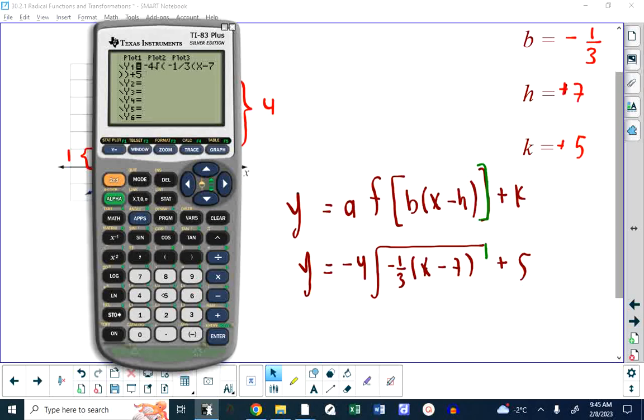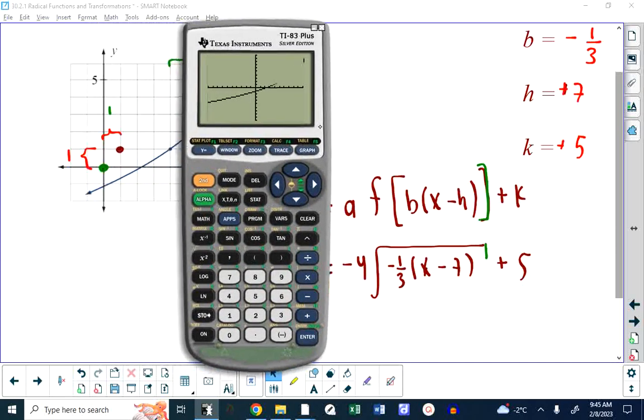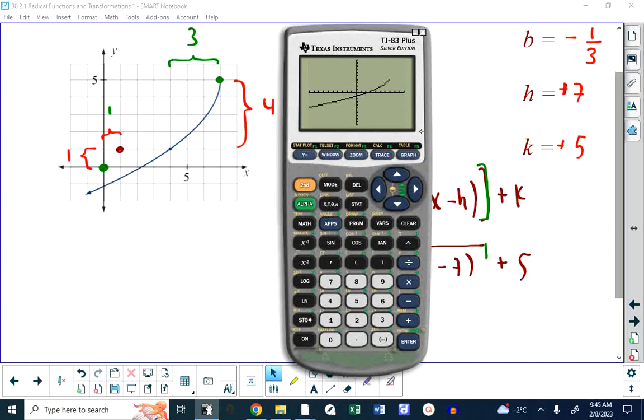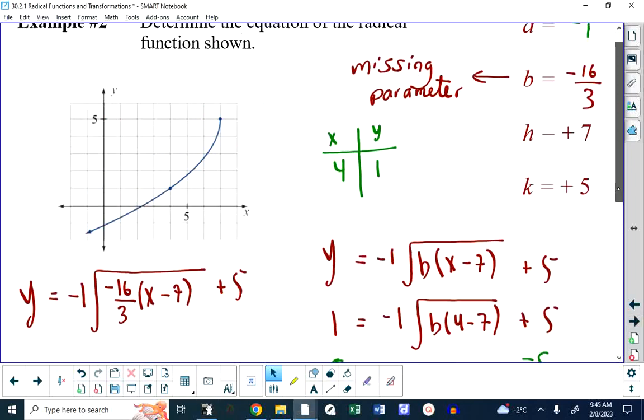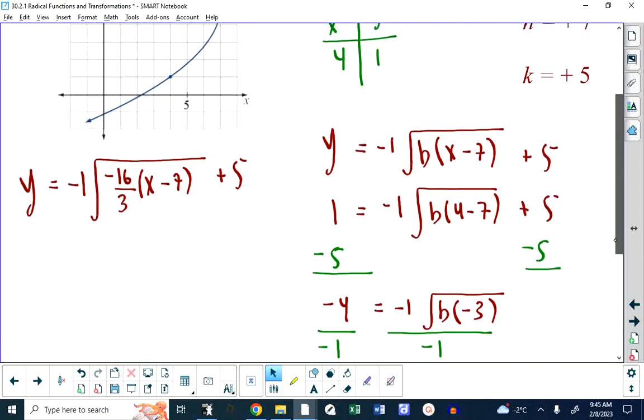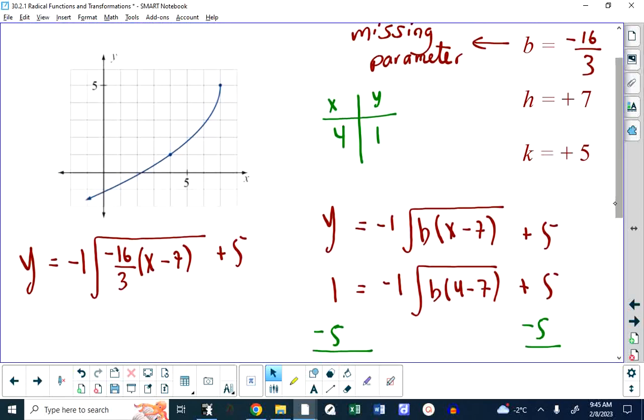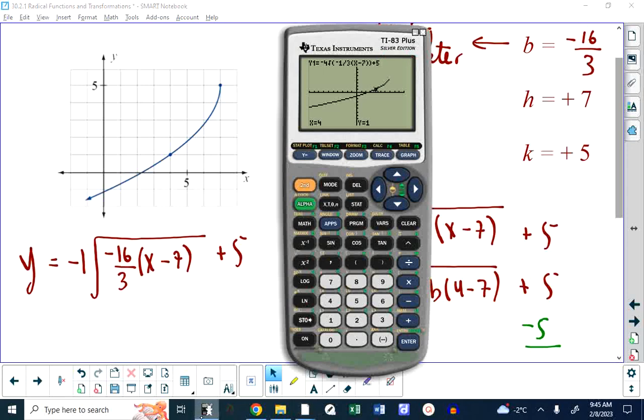So when I take a look at this, this is what it looks like. Let's check something out. If I go trace 4, it goes through 4, 1. Okay. Now I'm going to graph this function. It's on the bottom left of the screen. I'm going to leave the other one on.